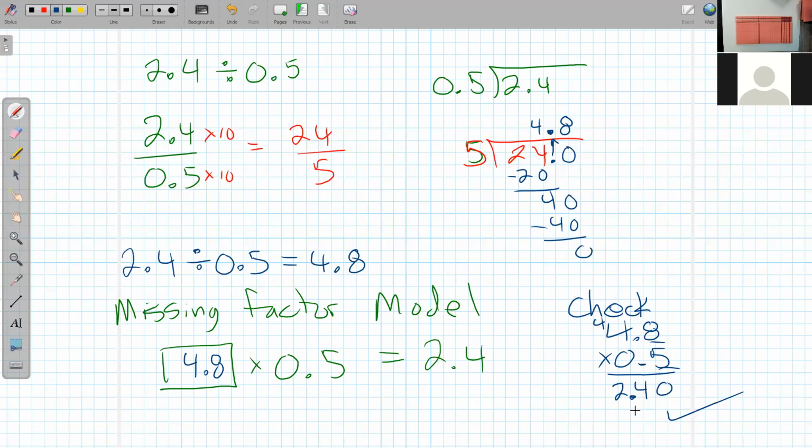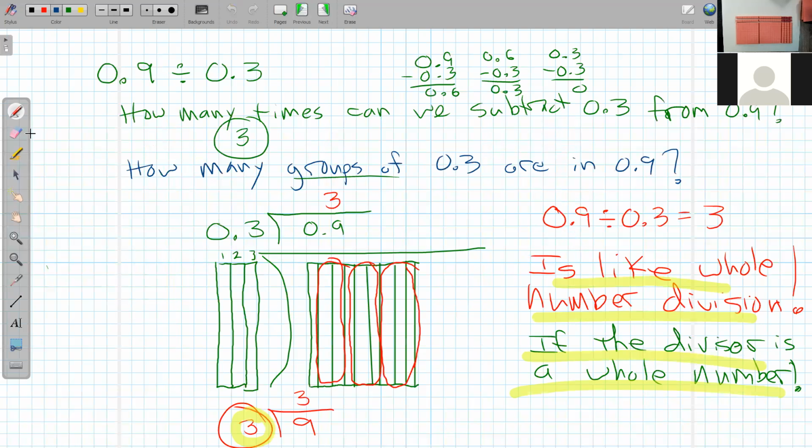So again, the division algorithm for decimals is to make sure that the divisor is a whole number, and then we proceed like normal. So there's a couple more steps. Let's fill them in.